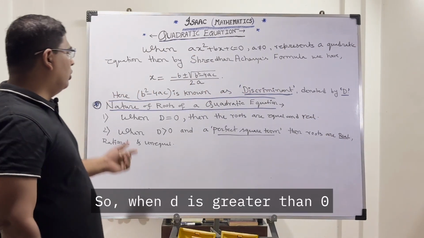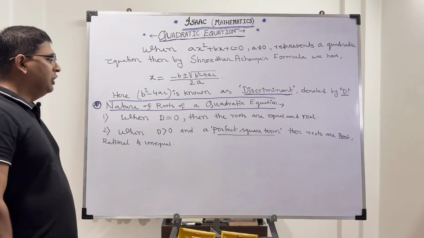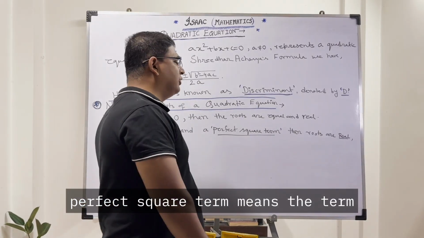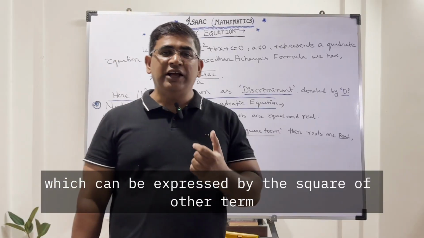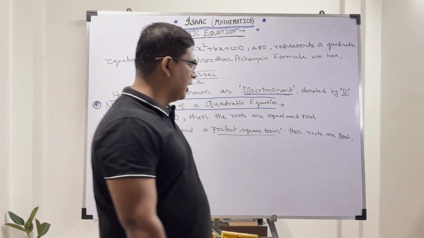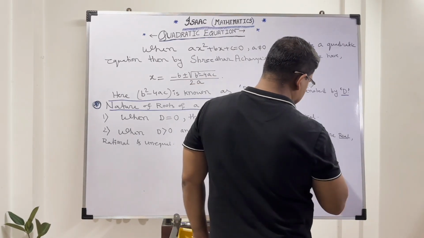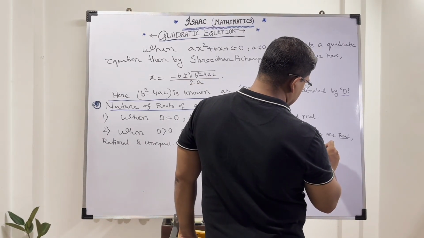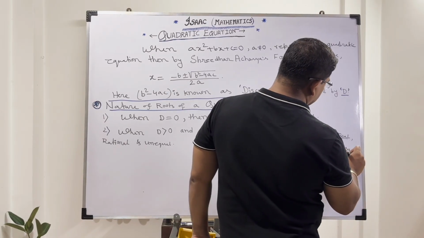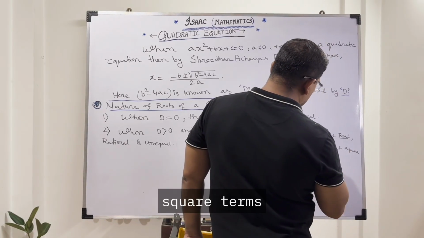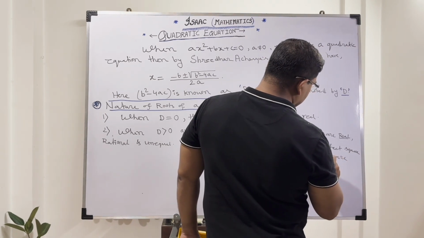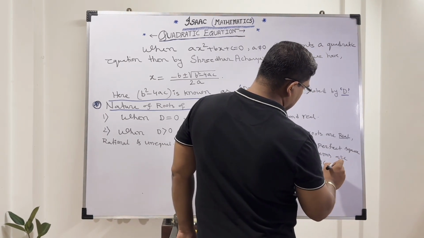Okay. So when d is greater than 0 and a perfect square term, a perfect square term means the term which can be expressed by the square of another term.